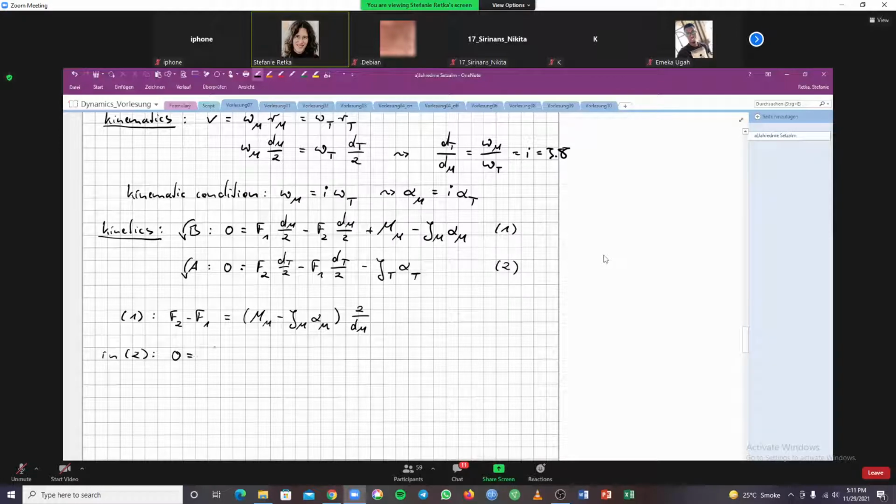And then we have 0 is equal to minus Jm alpha m times 2 over dm times dt over 2 minus Jt alpha t. The 2 cancels.